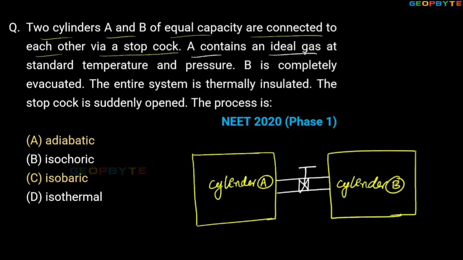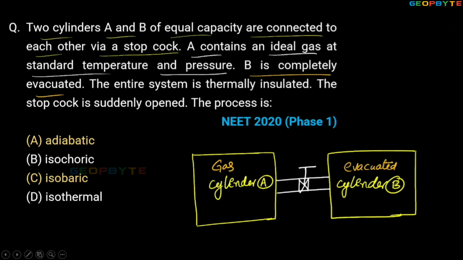A contains an ideal gas at standard temperature and pressure. Some gas is there in container A. B is completely evacuated. The entire system is thermally insulated.